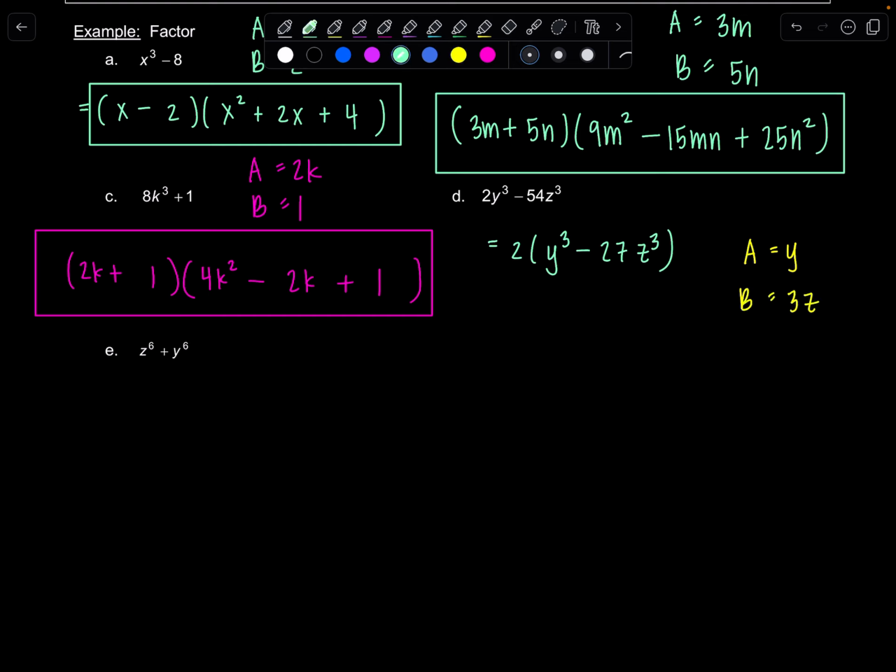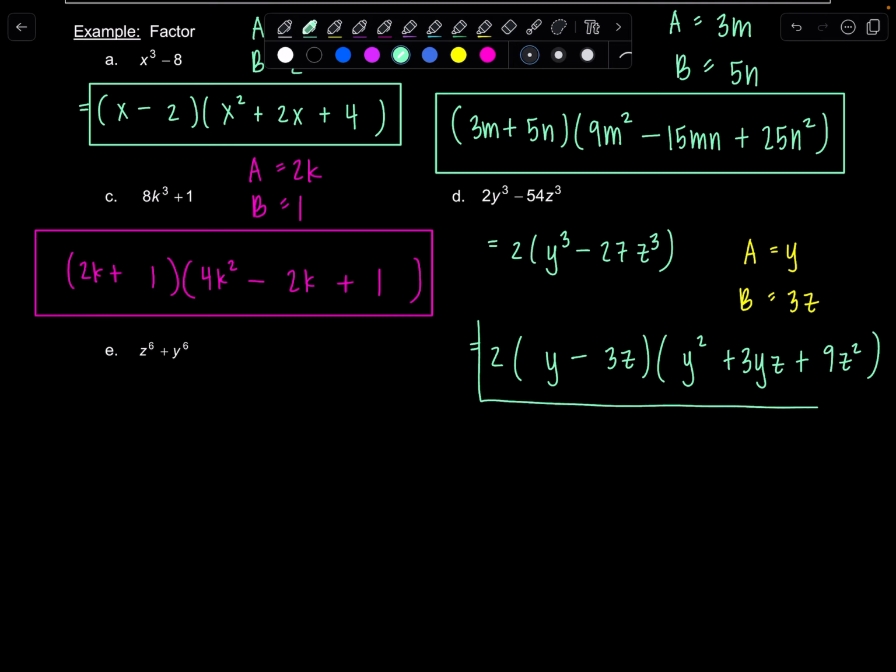Excellent. So we're going to have 2 times, let me set it up, same, opposite, always positive. A squared is y squared, ab is 3yz, let's go alphabetical order, that's usually the convention. And then b squared is 9z squared.